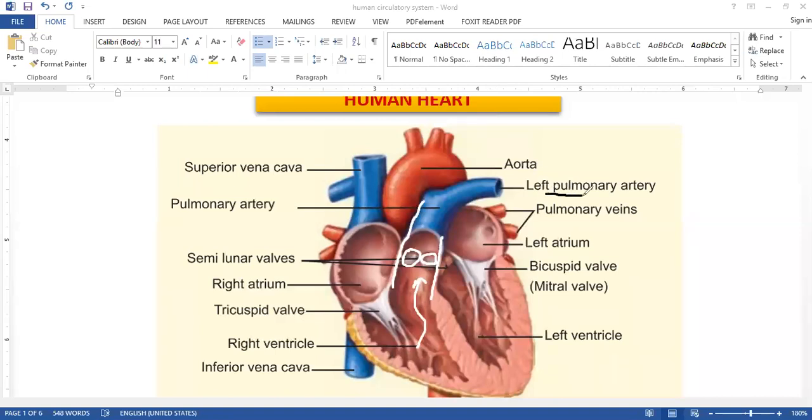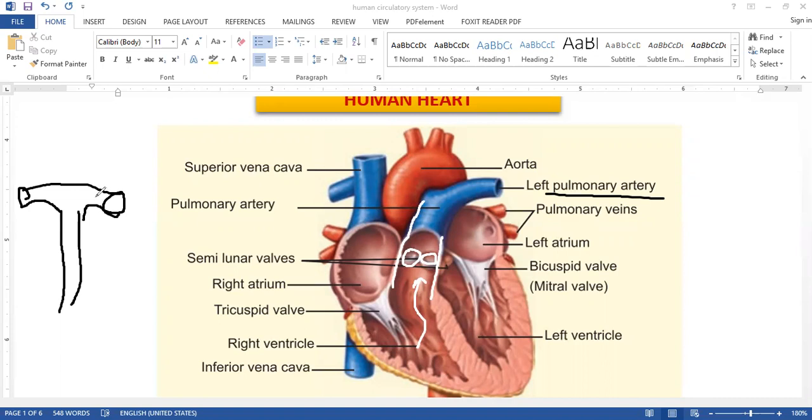This is the pulmonary artery. When it goes inside, it branches into two. It becomes two branches.